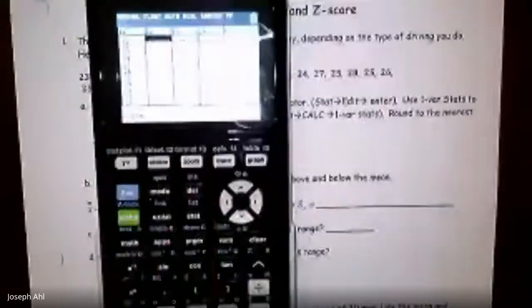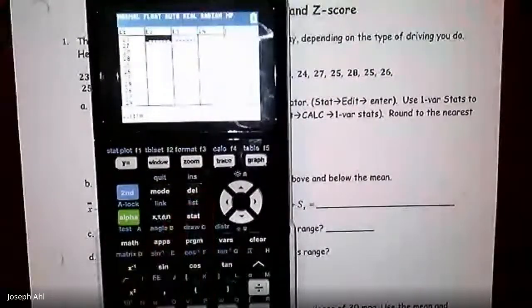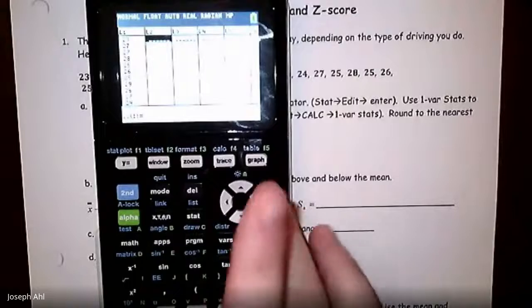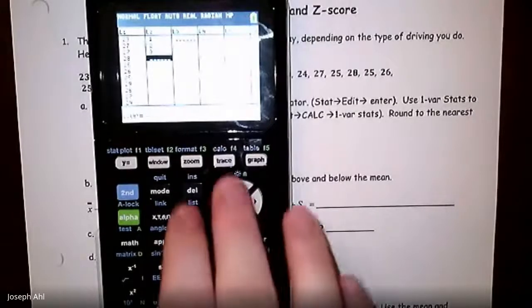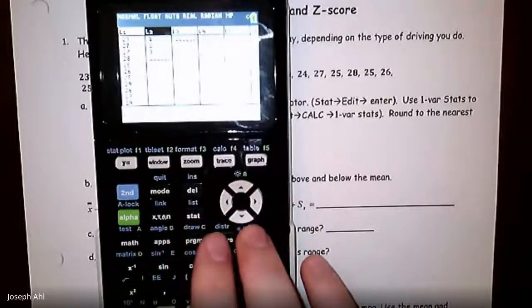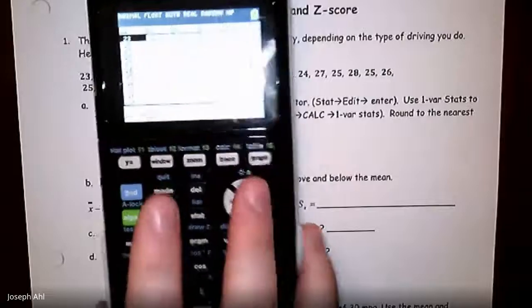Do not hit delete, because that will delete the entire list from your calculator and you'll need to email me for instructions about how to get it back. Do not hit delete. So if you want to clear out a list like I just showed you, you go up to highlight L2, hit clear, scroll down, it's gone. But anyway, I typed in all the data already.